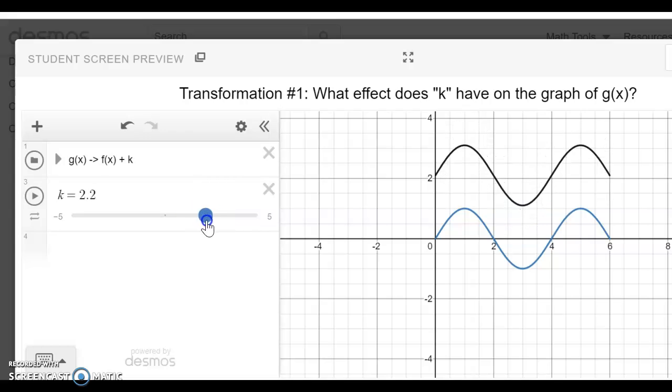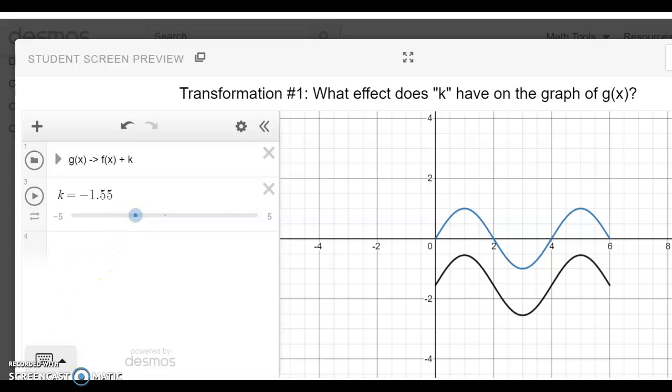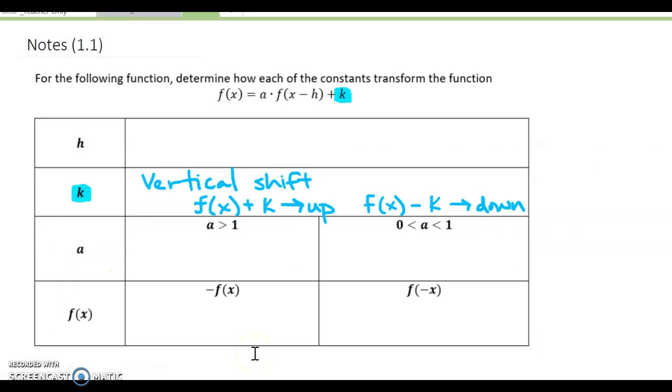What happens when our k value, the number being added onto our function, is positive? And what is the effect when that value is negative? What you should have noticed is that if our k value is positive, our graph is going to shift up. And if that value is negative, it's going to shift our graph down.